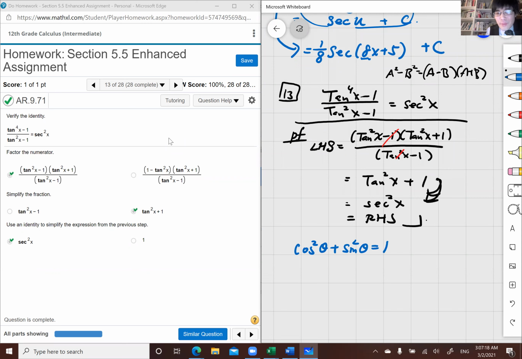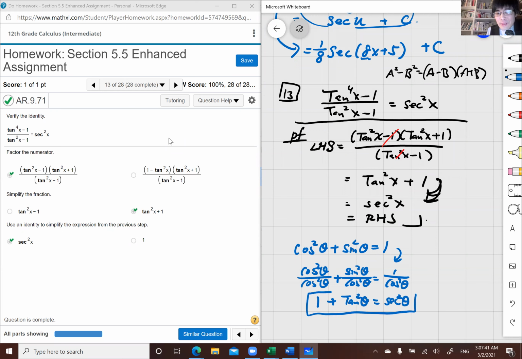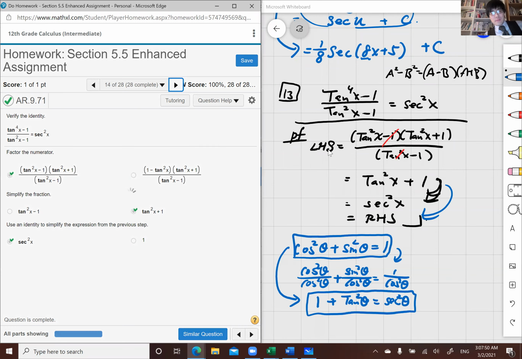That means when you divide both sides of the equation by cosine squared, they are still identical. And that is equal to 1 plus tangent squared, since sine over cosine is tangent, and 1 over cosine is secant. So that's basically the Pythagorean theorem in a different form that is applied here, okay?